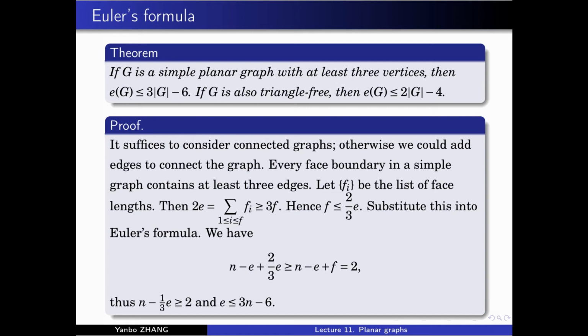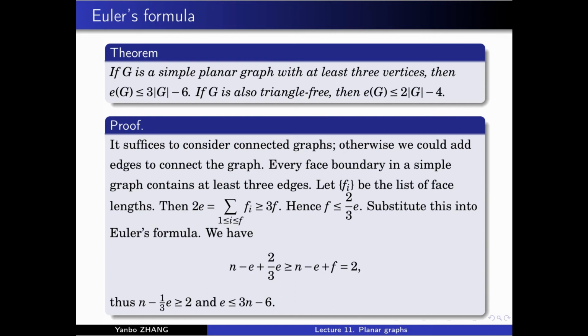The number of edges is bounded by the number of vertices times 3 minus 6. If G is also triangle free, then e(G) is less than or equal to 2n(G) minus 4. The theorem has two parts.